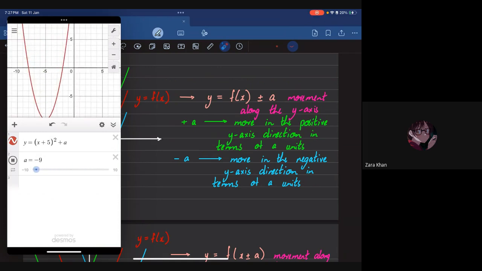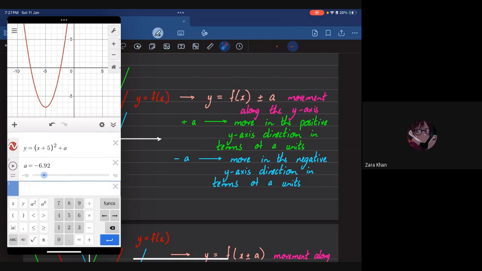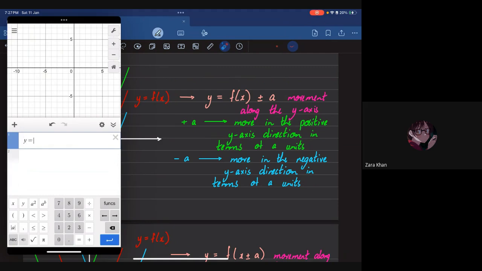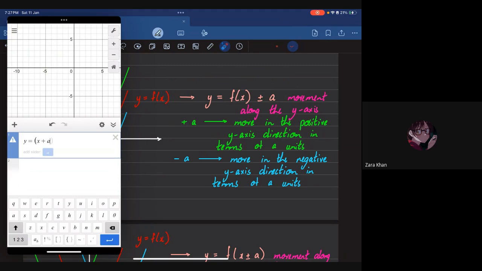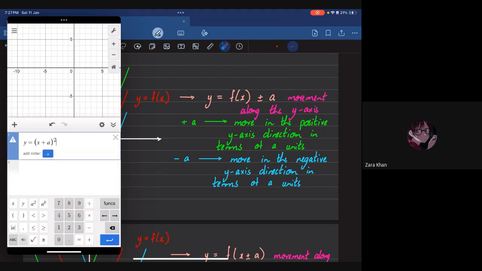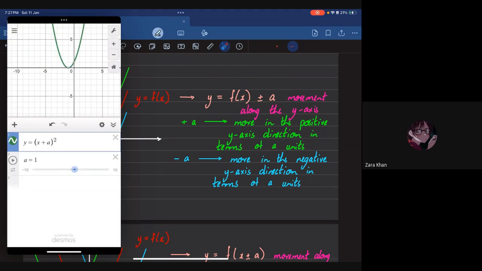Clear? Now, making sure this is the case, let's wipe this off and make y is equal to x plus a, whole squared, and we're going to add a slider.